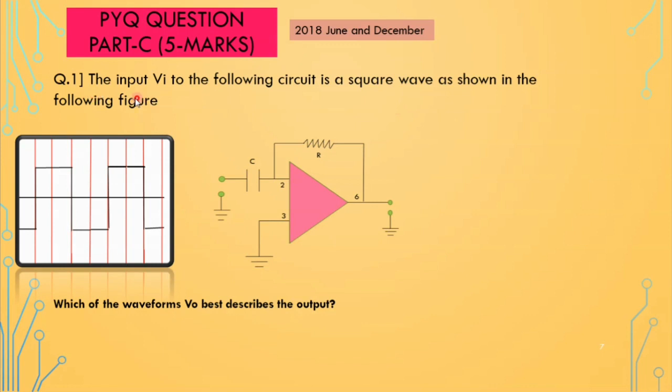The input V in to the following circuit is a square wave, as shown in the following figure. What will be the output? Which waveform of V out best describes the output? They gave 4 options, but none of them is correct.